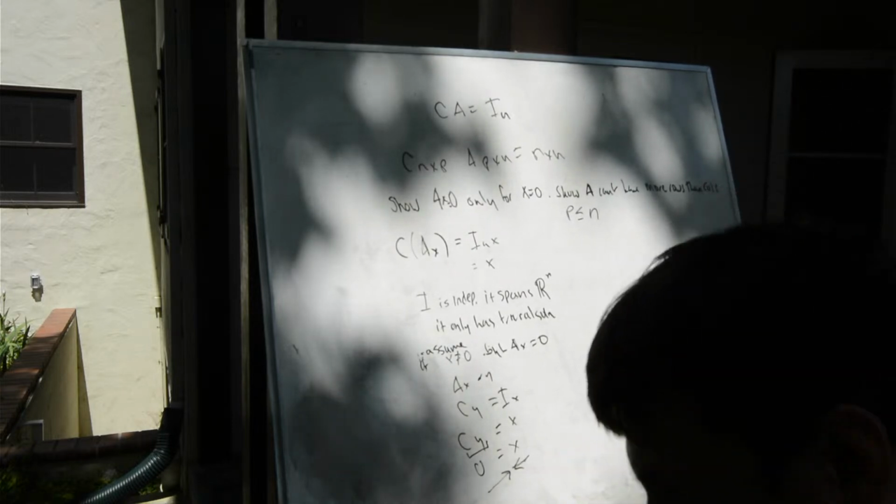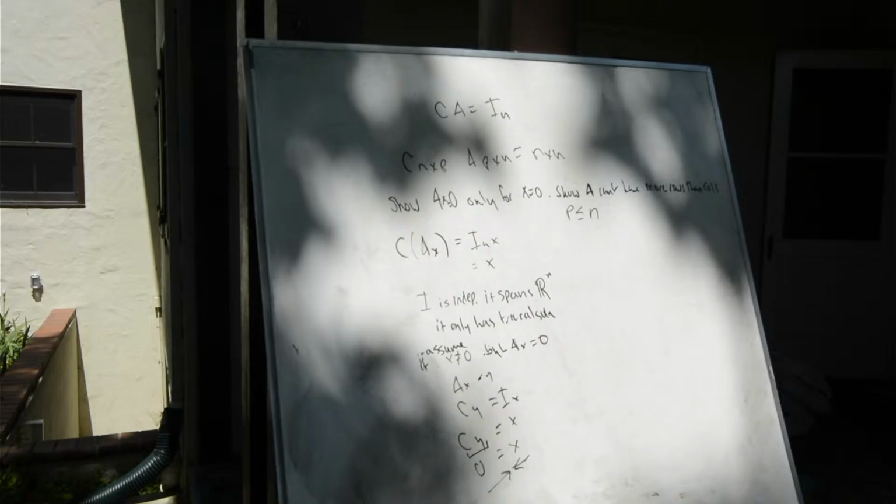So we just did the first part, but now we want to show why A can't have more rows than columns.